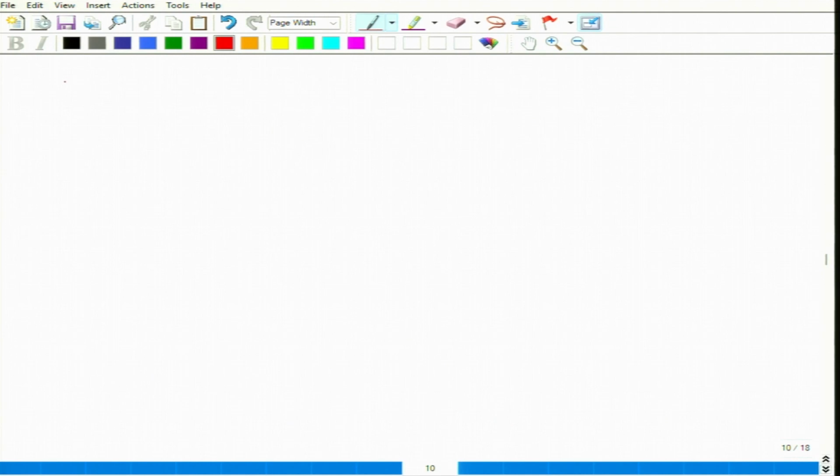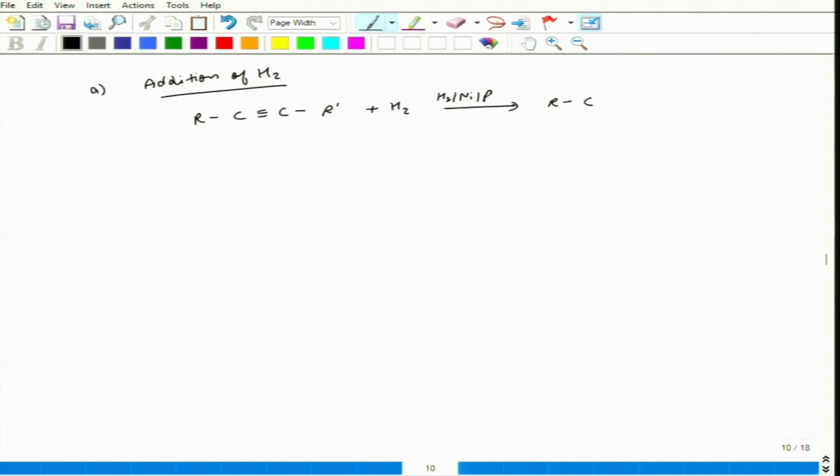So, specifically dealing with the addition of hydrogen, that is the hydrogenation reaction, nothing different from what we have seen in alkenes. What will happen? We will need a catalyst first of all, H2 with nickel or palladium, whatever we want.